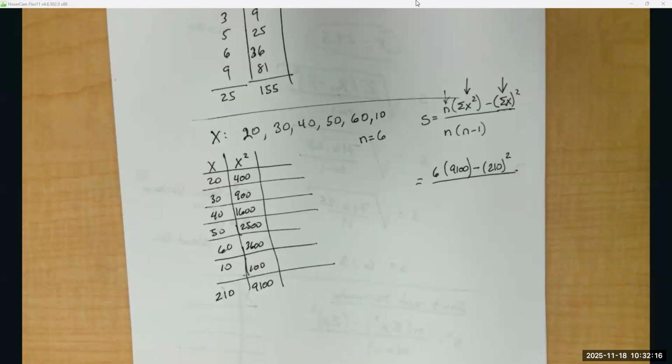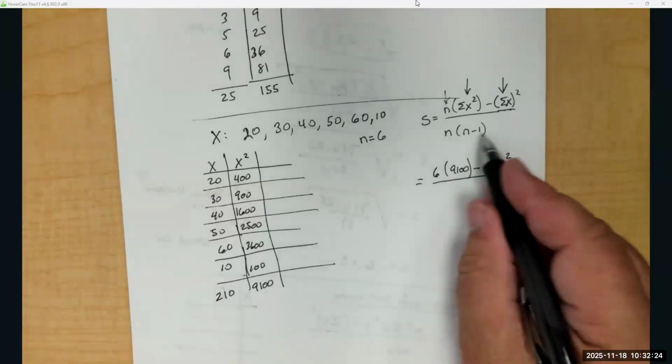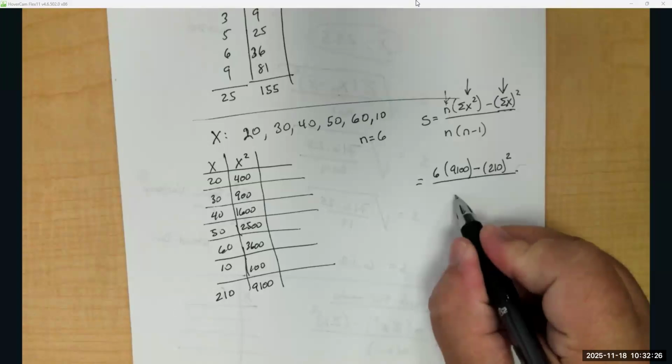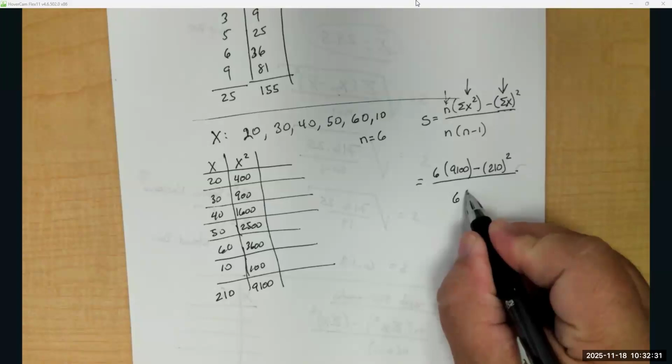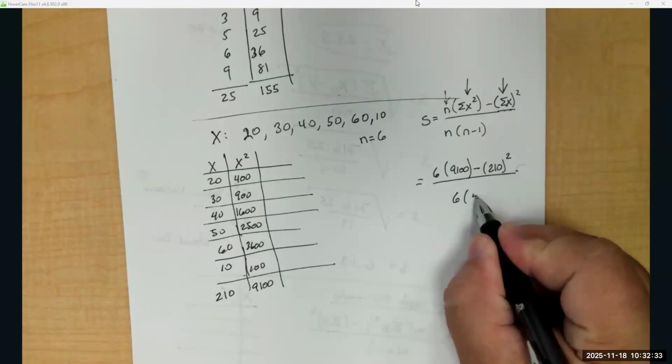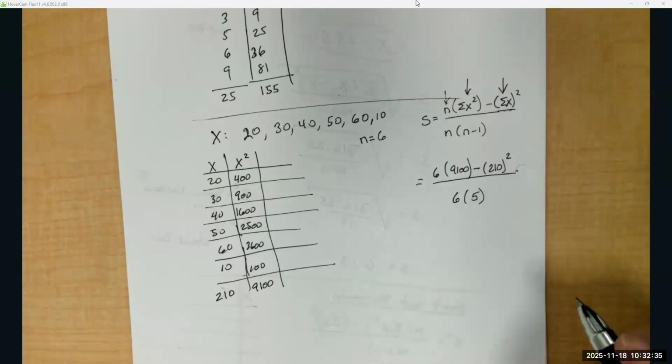I guarantee you, just watching me do it is not going to help you. You should be doing it yourself. So when you leave this room, you can do it yourself as homework. What goes on the bottom? Which is? Yes.